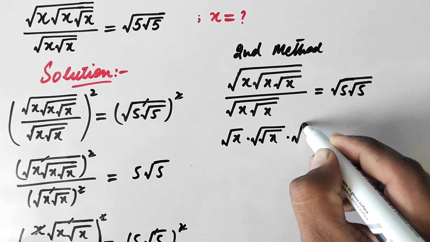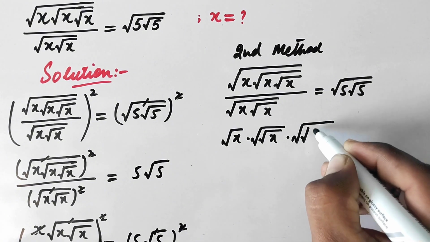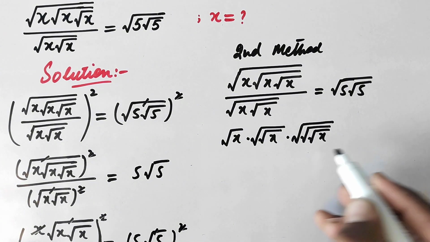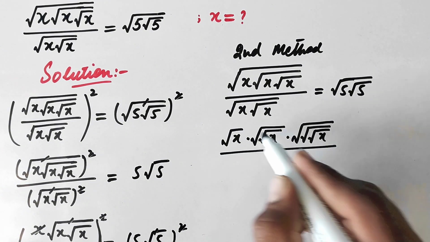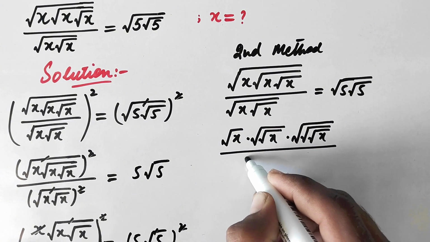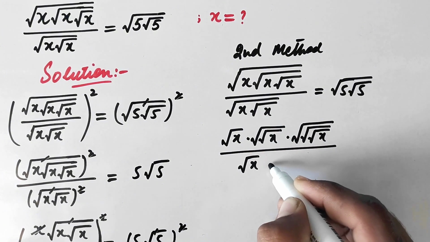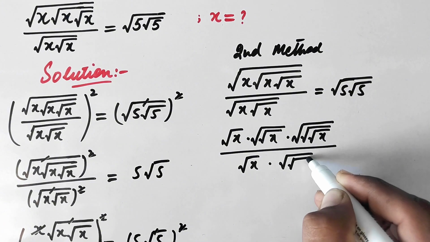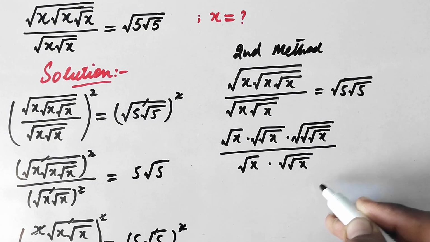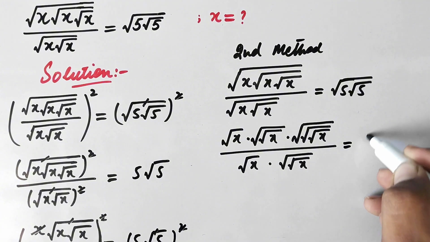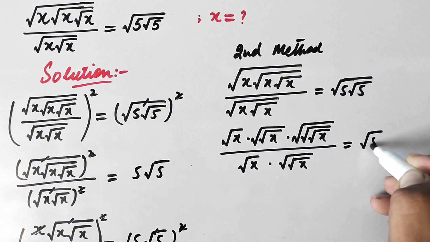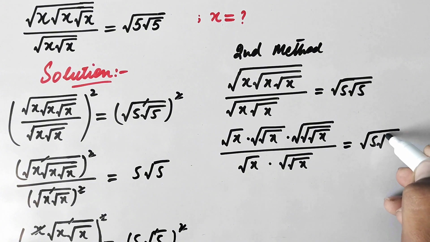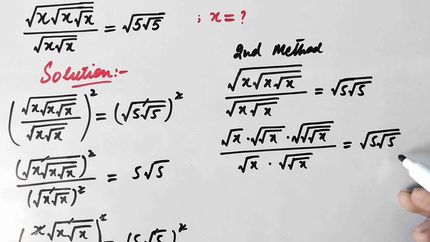So here will be square root of square root of square root of x divided by, in the same way, here will be square root of x times square root of x equal to square root of 5. We will write in the same way, square root of 5.